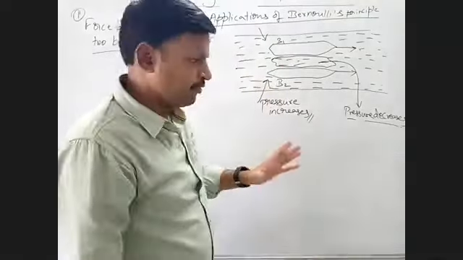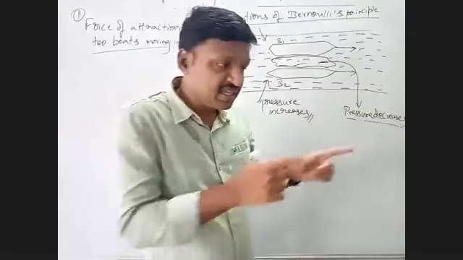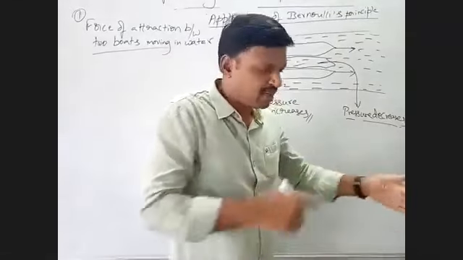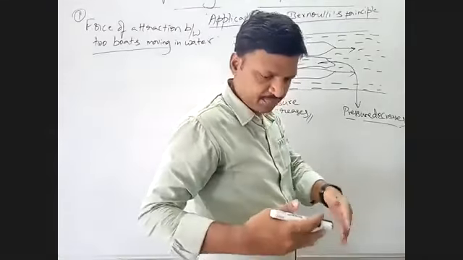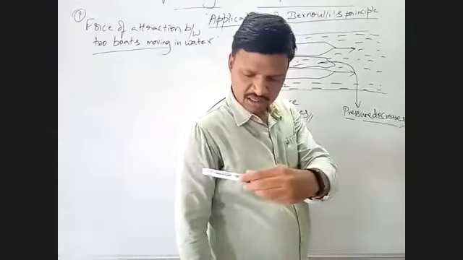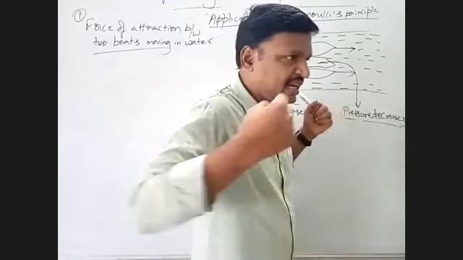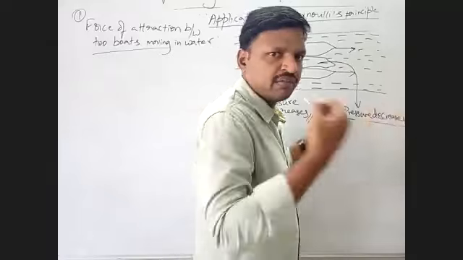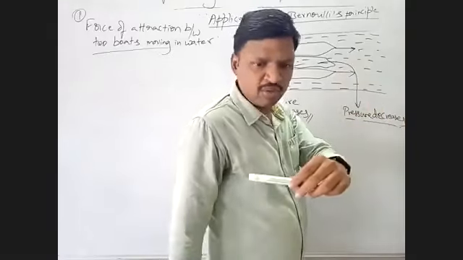That's why when a train is coming at high speed, people say don't go very near to the train, that means the platform edge. Suppose this is the edge and this is the train, going either way. It is carrying some air along with it when it is coming with so much speed.